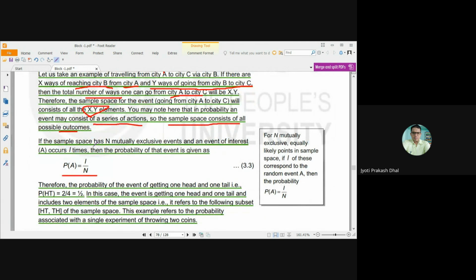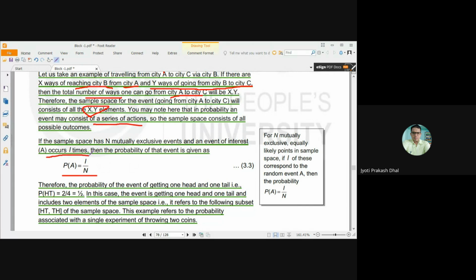If the sample space has n mutually exclusive events and an event of interest A occurs I times, again I am repeating, if the sample space has n mutually exclusive events and the event of interest A occurs I times.